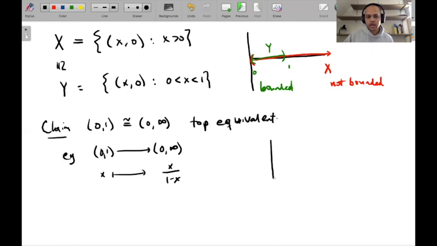This function has a graph that looks like this. It has an asymptote as you approach 1. And it defines a continuous bijection from the interval 0, 1 to the interval 0 to infinity. 0 goes to 0 here. And the inverse is continuous, which you can check.